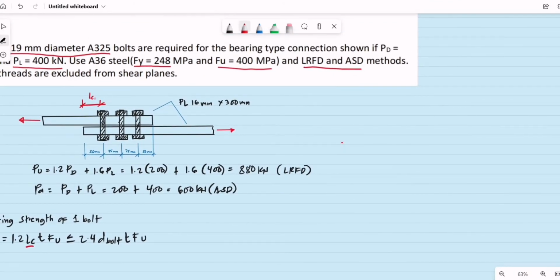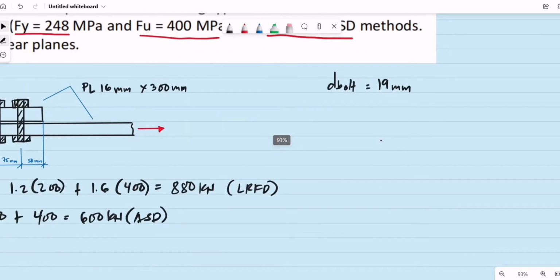So the diameter of the bolt is equal to 19 mm. So the expected diameter of the hole will be equal to 19 millimeters plus 2. This is equal to 21 millimeters.